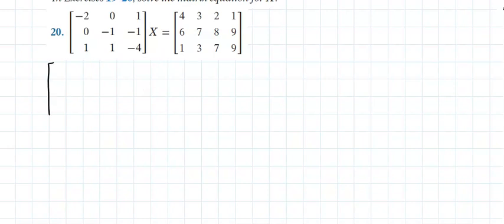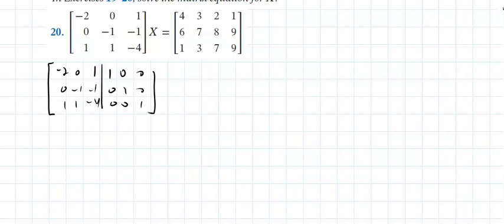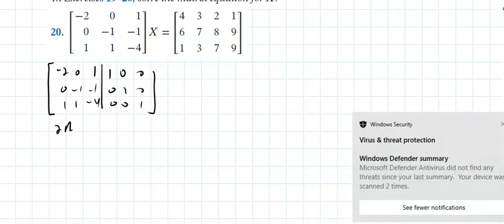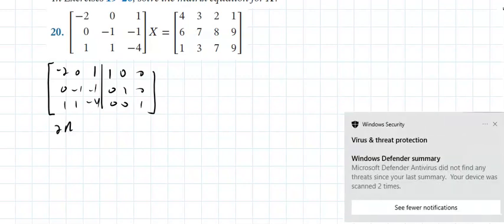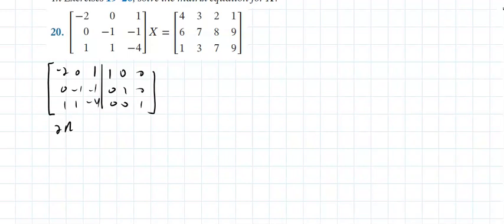If I start with -2, 0, 1, 0, -1, -1, 1, 1, -4, 1, 0, 0, 0, 1, 0, 0, 0, 1. First order of business, now I could switch row 1 with row 3, since they want that always.